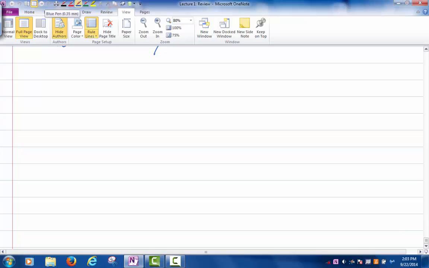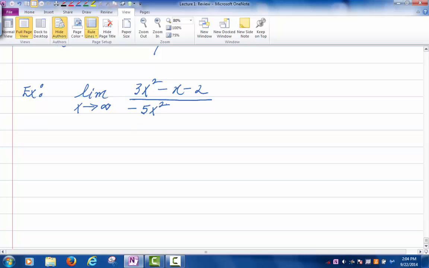Okay, the problem that we were doing last time was this example where we were taking the limit as x goes to infinity of a fraction, and the fraction is like 3x squared minus x minus 2 divided by negative 5x squared plus 4x plus 1.